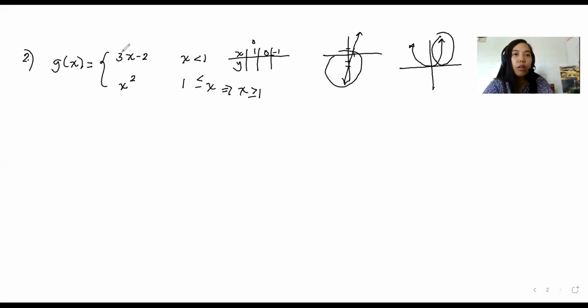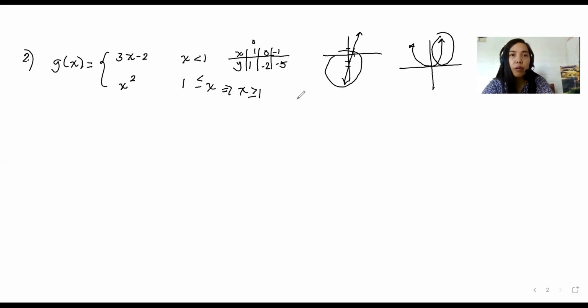So if x is 1, 3 minus 2, y is 1. If x is 0, y is negative 2. If x is negative 1, negative 3 minus 2, it's negative 5.